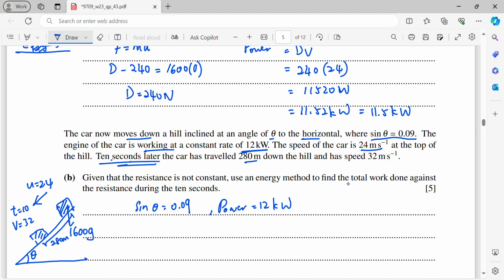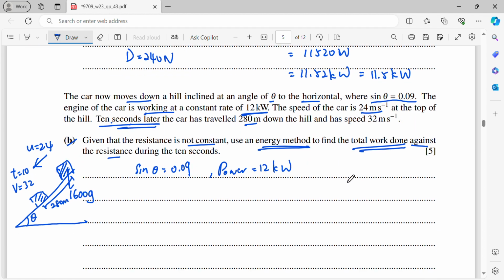Okay, now B, given that the resistance is not constant, use an energy method to calculate the total work done against the resistance during the 10 seconds. So according to the energy method, you need to consider total work done.